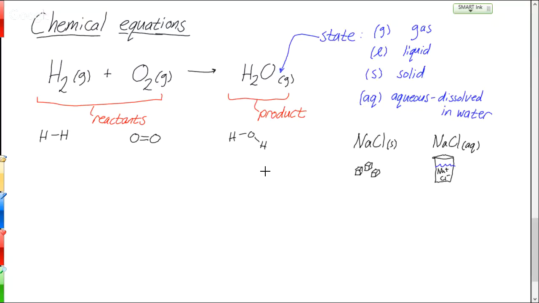Let me move this back over so it fits better. There we go. So we can't change the subscripts. You can never change the subscripts because that gives you different chemical compounds. And if you want a different chemical compound, fine. But if you're thinking that this equation is not balanced, something's out of balance, you can't change the subscript.